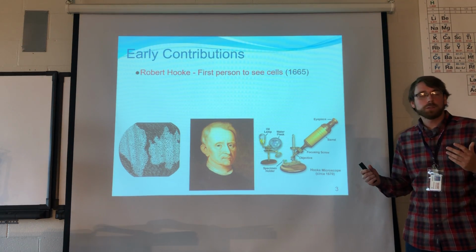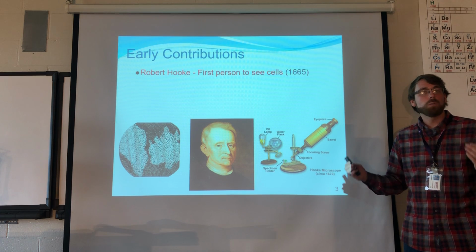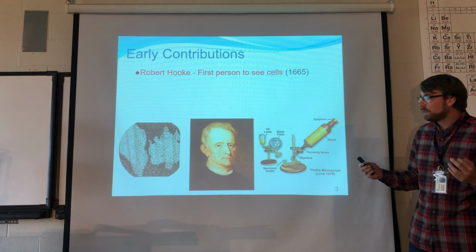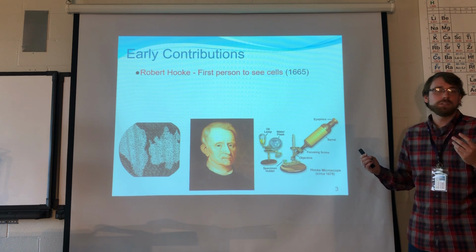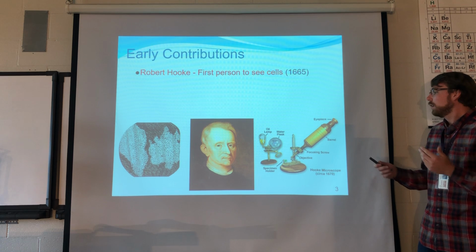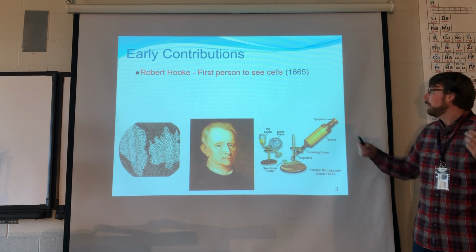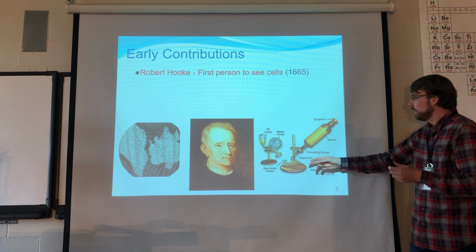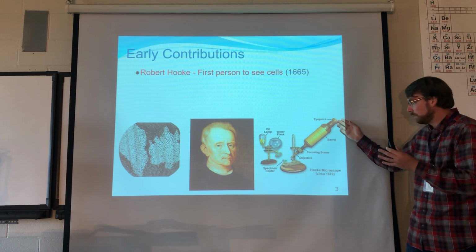So we're going to go through some early people who worked out and figured things out about cells. One of the first people, or possibly the first person, to observe cells was Robert Hooke. Back in 1665 he had this crude microscope.